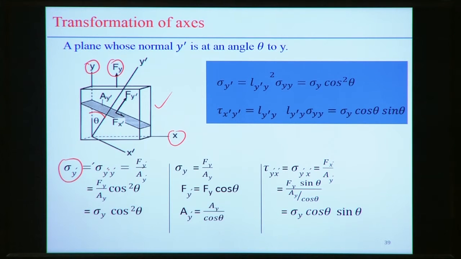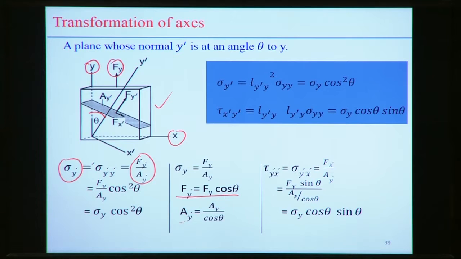Here we find that sigma y dot equals simply Fy dot by Ay dot, and Fy dot is the component of the force Fy, that is Fy cos theta, divided by Ay dot, where Ay dot is Ay by cos theta. By putting this in we find that sigma y dot equals sigma y cos square theta.